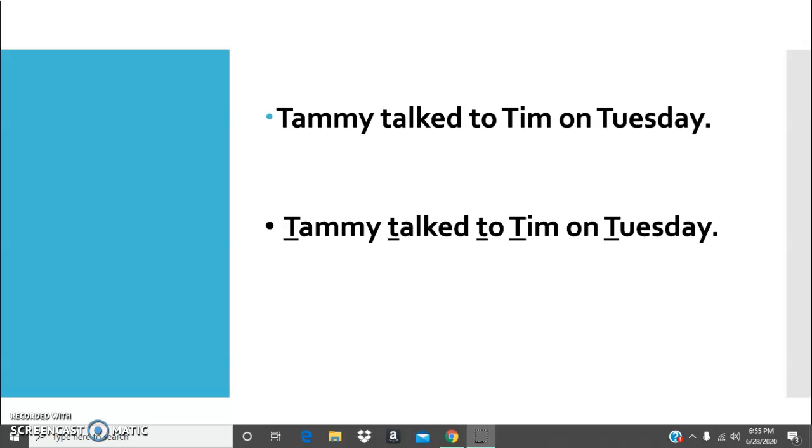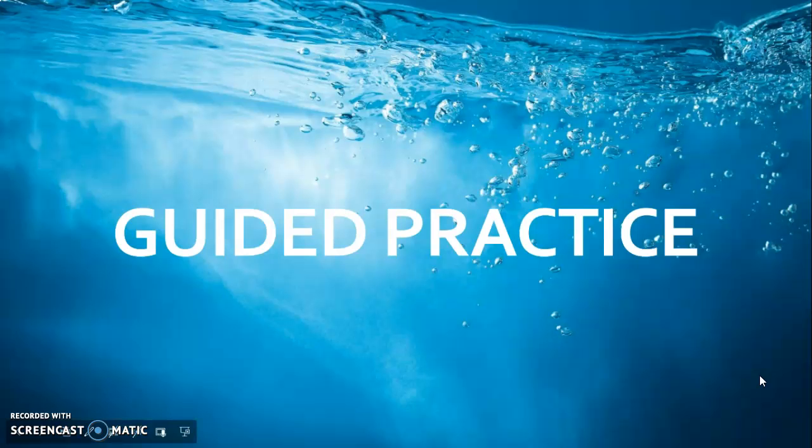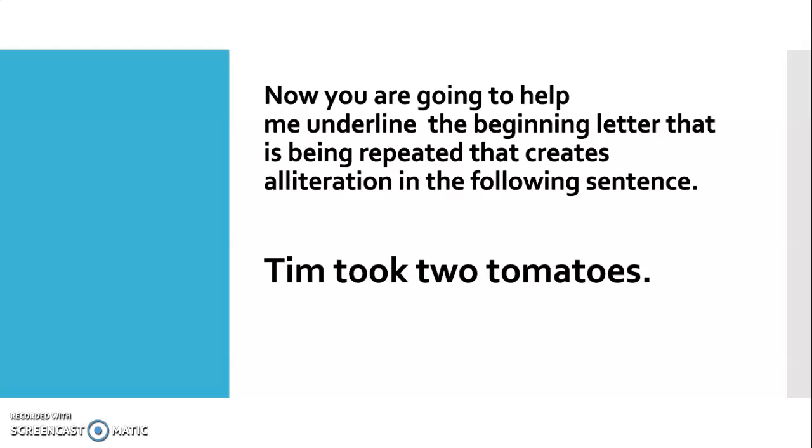Now that I have modeled for you how to identify alliteration in a sentence, we are going to practice together. Okay, I'm going to write a sentence on the board. Please copy it down. You are going to help me underline the beginning letter that is being repeated that creates the alliteration in the following sentence.